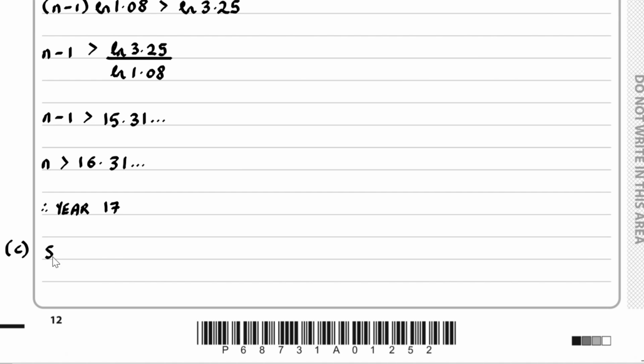And so therefore S20 is equal to 20,000 multiplied by 1 minus 1.08 to the power of 20 over 1 minus 1.08.